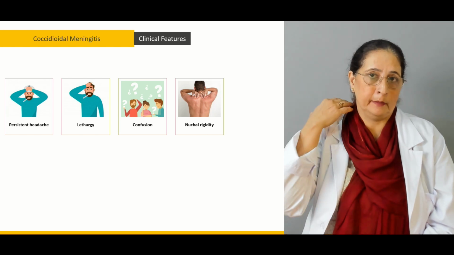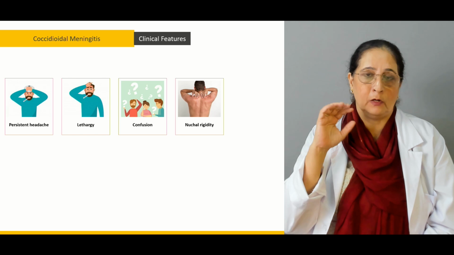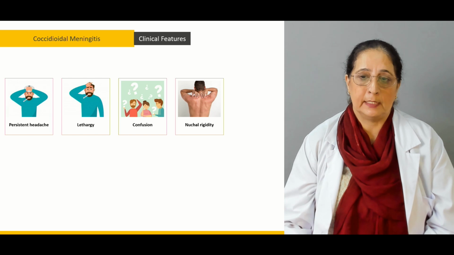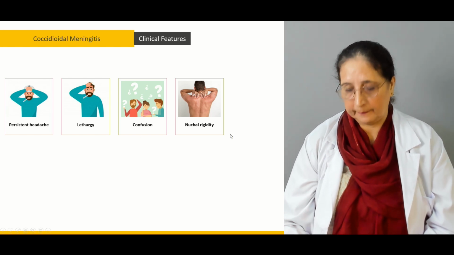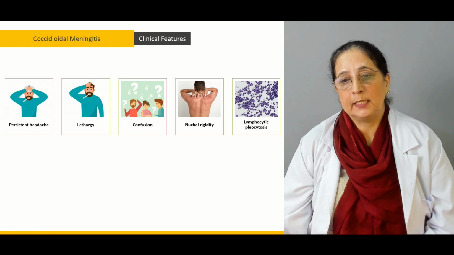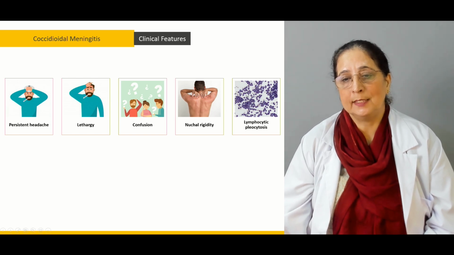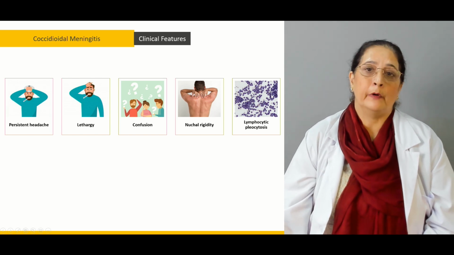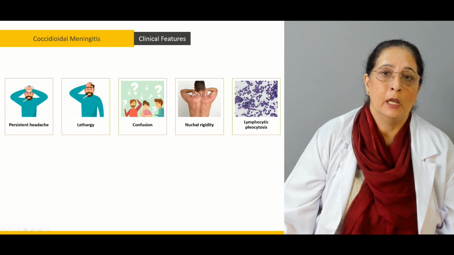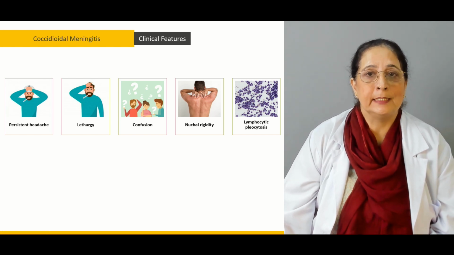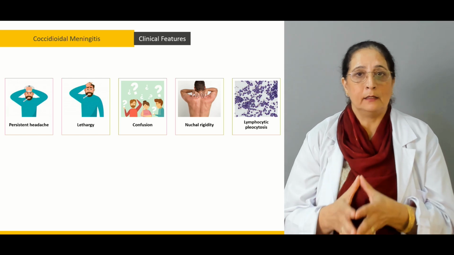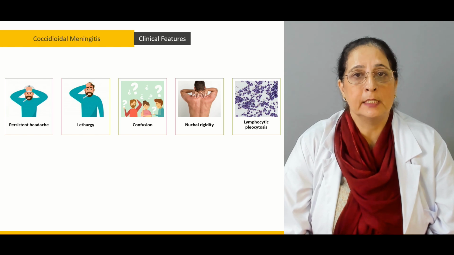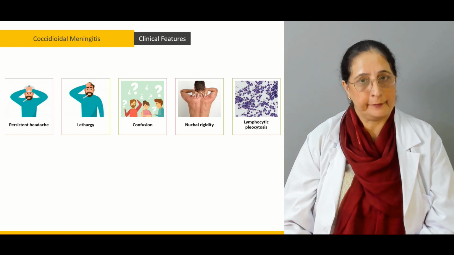Nuchal rigidity, the stiffness of the neck because of the tightening of the meninges, is also present. Lymphocytic pleocytosis, an increase in the number of lymphocytes, is seen in coccidioidal meningitis. So headache, lethargy, confusion, nuchal rigidity, and lymphocytic pleocytosis are present.